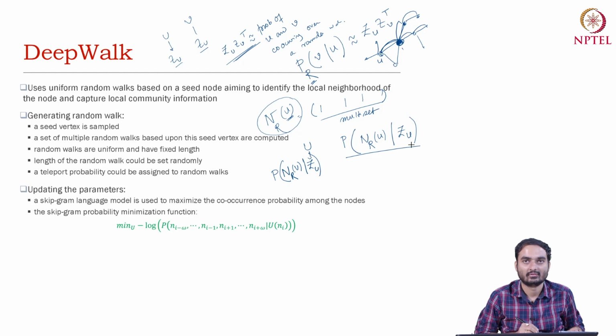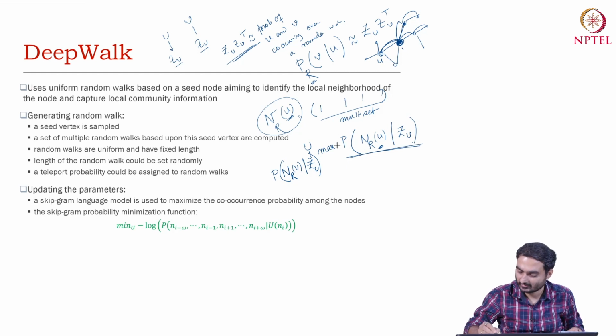This we want to estimate, this we want to maximize. Why? Because these are neighbor nodes, the closeness proximity should be higher for the neighbor nodes, given the target node. So, we want to maximize this.